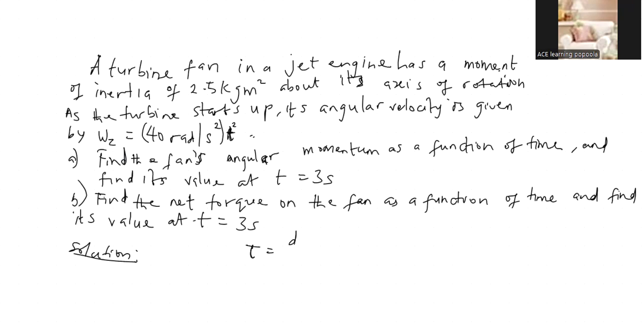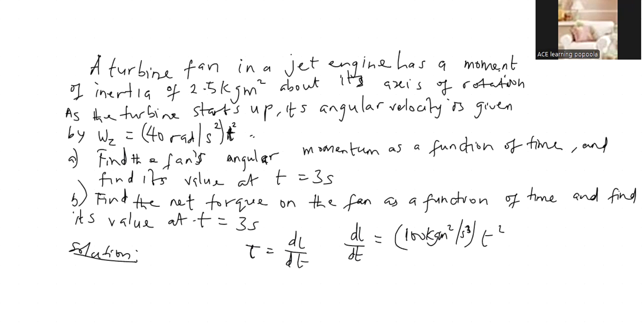So dL dt is equal to 100 kilogram meters squared per second cube t squared.